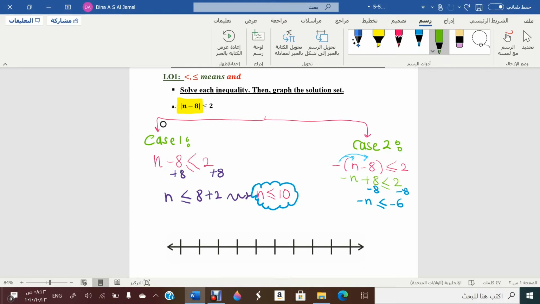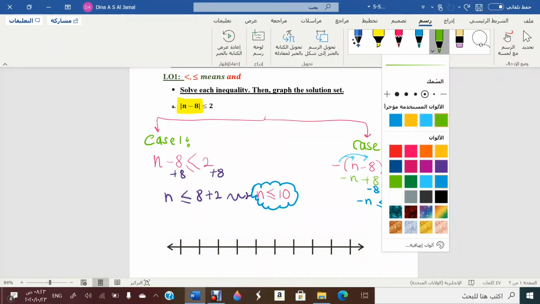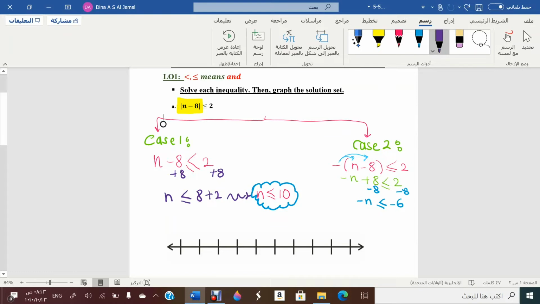Then remember always, whenever you want to divide or multiply by a negative value, then you need to flip the sign of the inequality. So divide both sides by -1.